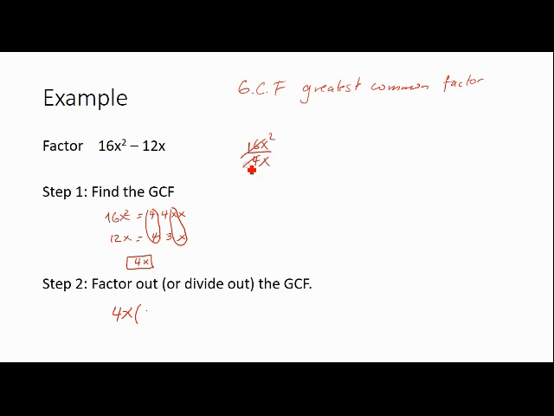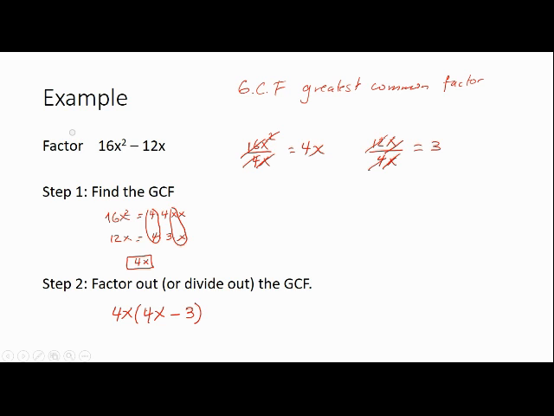So we get 4x here, and then if you divide 12x by 4x, we get 3, so you get 4x minus 3, and that's our answer.